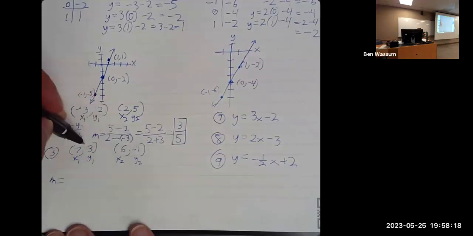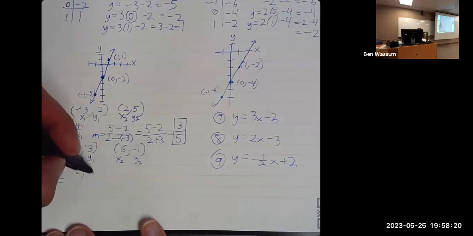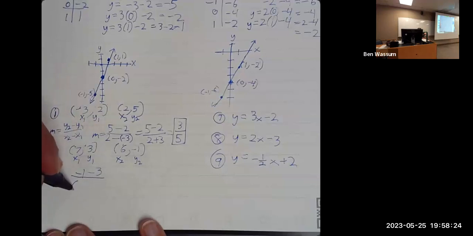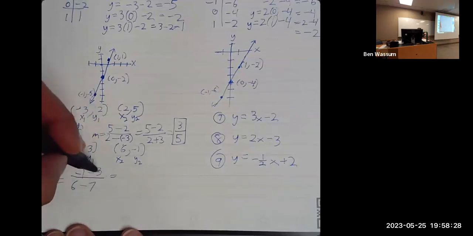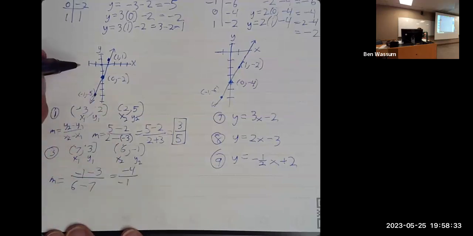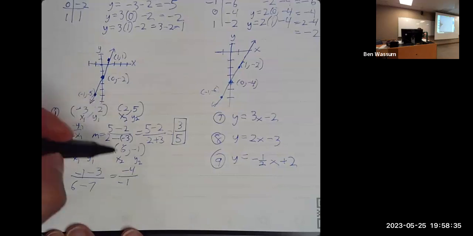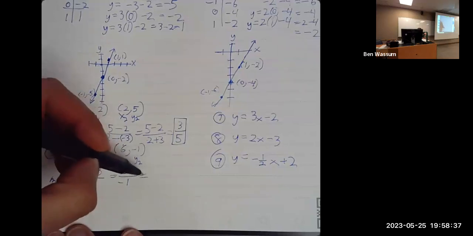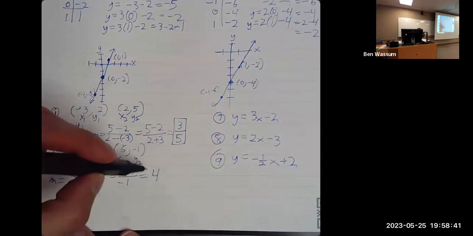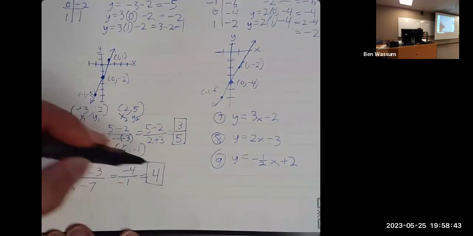So it'll be y2 minus y1, so -1 minus 3, over x2 minus x1, so 6 minus 7. End up with a -4 on top and a -1 on the bottom. And all we got to do is clean those up. A negative divided by a negative is a positive. So this just ends up being a 4. That's it.